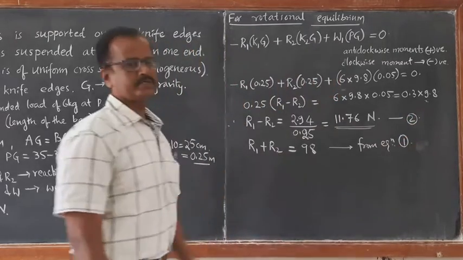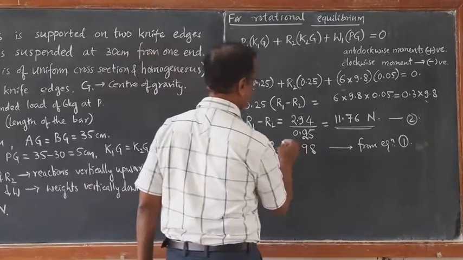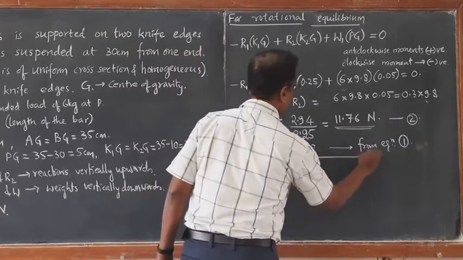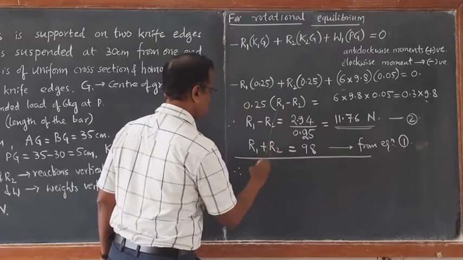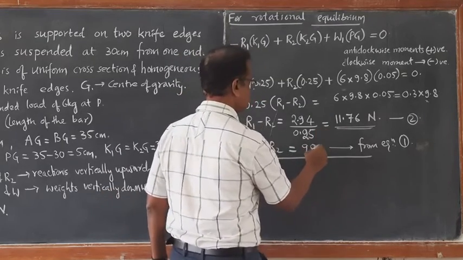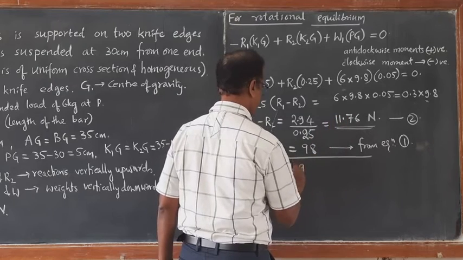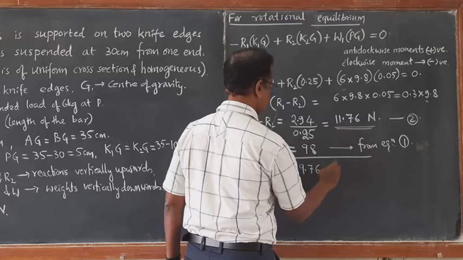So solving equations 1 and 2 simultaneously, if you add them, R1 R2 cancels. Therefore, you are left with 2R1 equal to, adding these, 8 plus 1, 9, 9 plus 1, 10, 109.76 Newton.